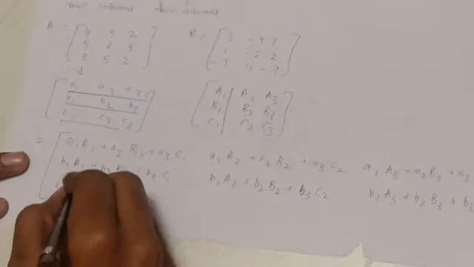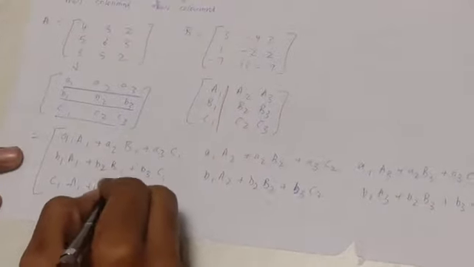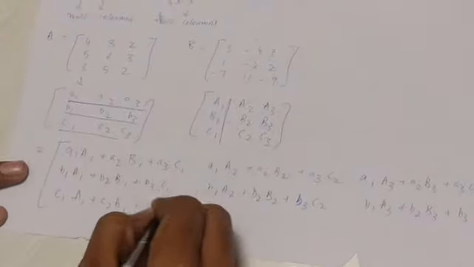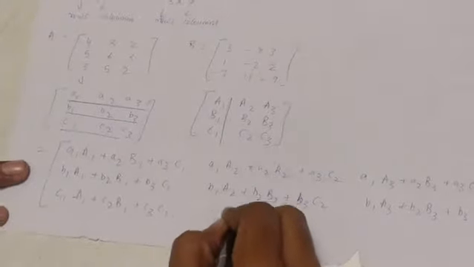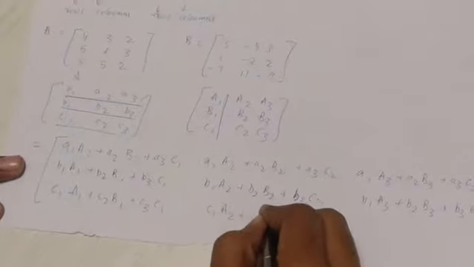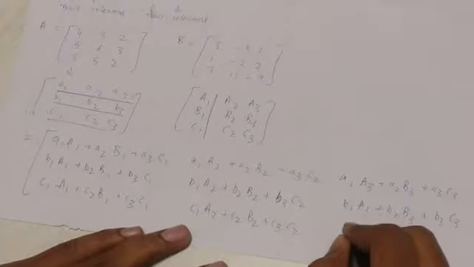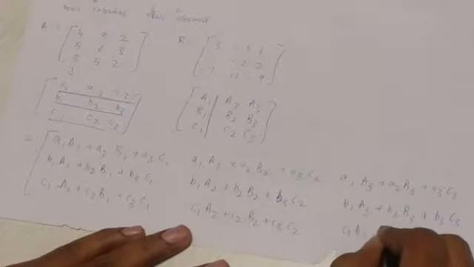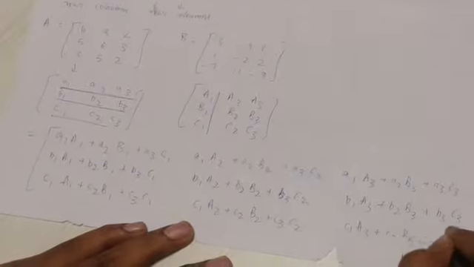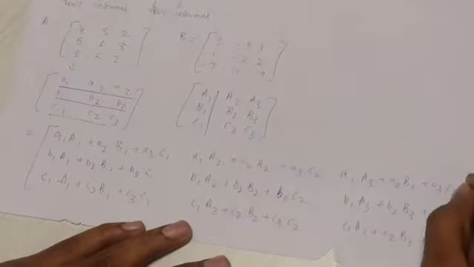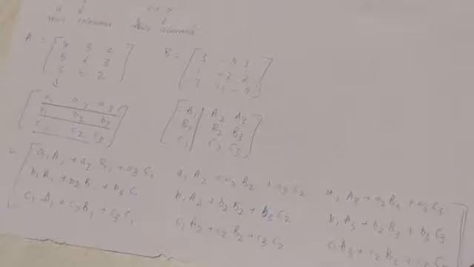Next we go for the third row: C1 A1 plus C2 B1 plus C3 C1, C1 A2 plus C2 B2 plus C3 C2, C1 A3 plus C2 B3 plus C3 C3. So this is a 3 by 3 matrix multiplication.